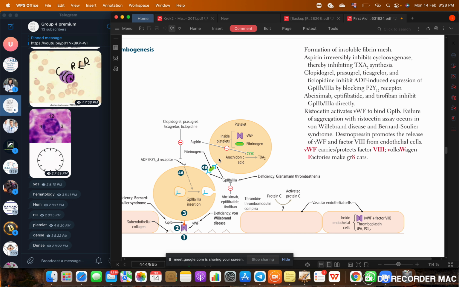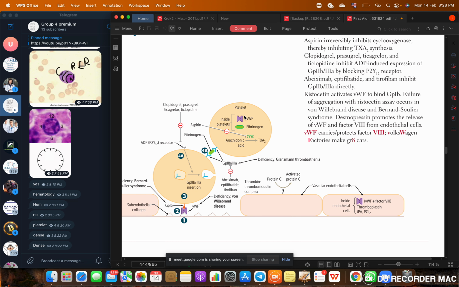So the next thing I'm going to speak about is the ristocetin test. The ristocetin is a test that we do to check the function of the von Willebrand factor, if it is able to bind the GP1B on the platelets. So you give ristocetin, and if the ristocetin test is failing, it's not happening.